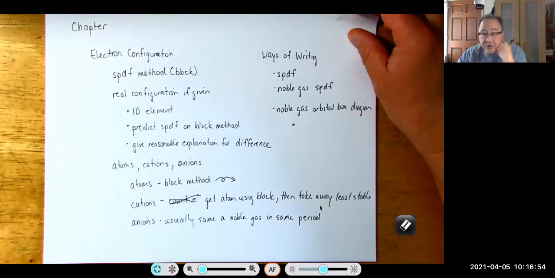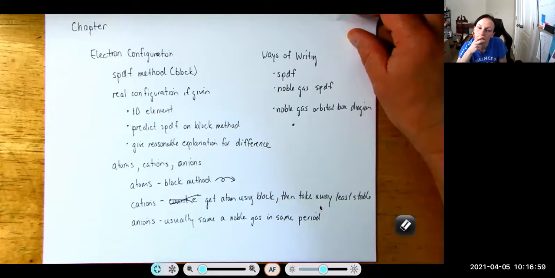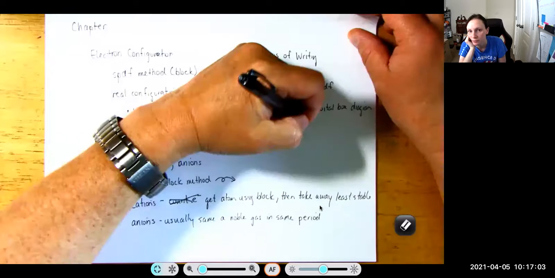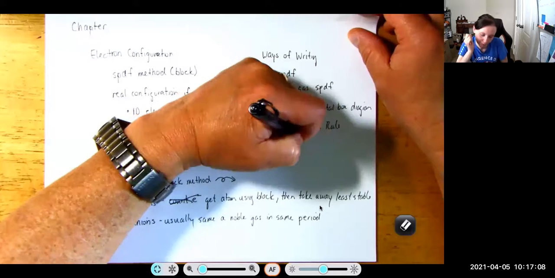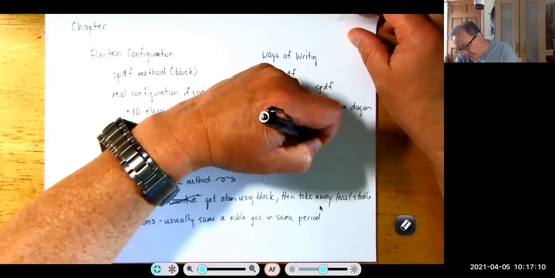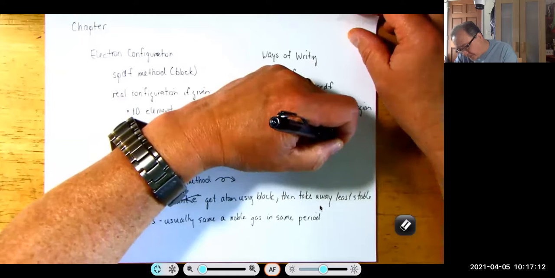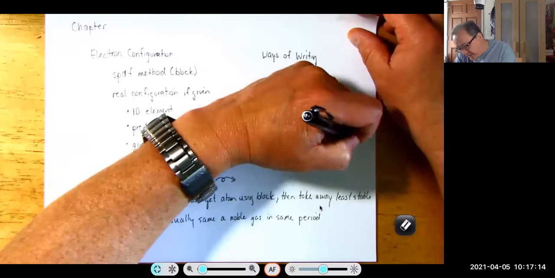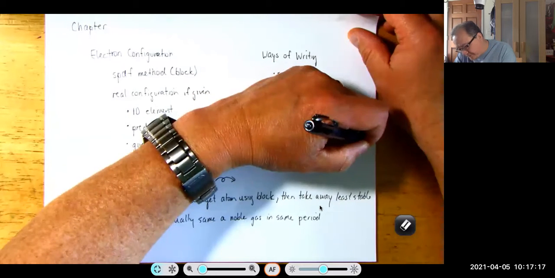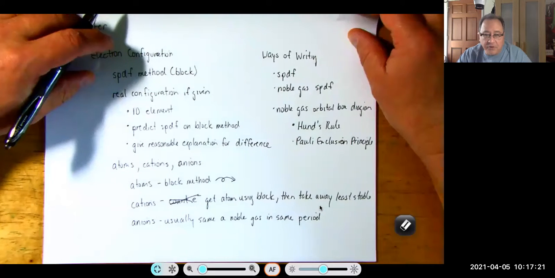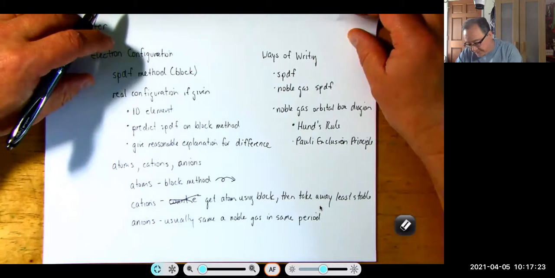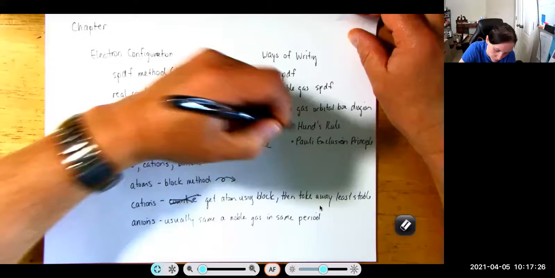One is you use Hund's rule to fill, and you use the Pauli exclusion principle. You might think, where are we using the Pauli exclusion principle? Every time you put only 2 electrons in an orbital, you're using the Pauli exclusion principle. That's why you don't stick 3 in there.